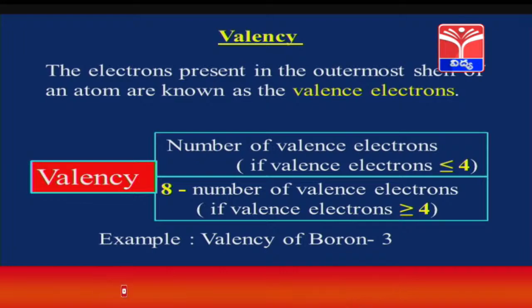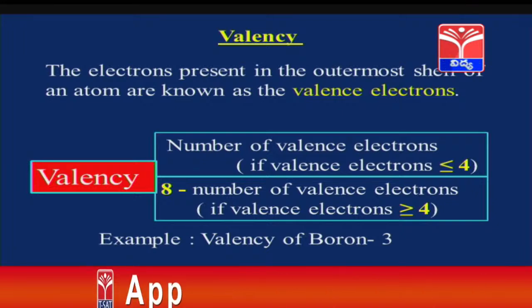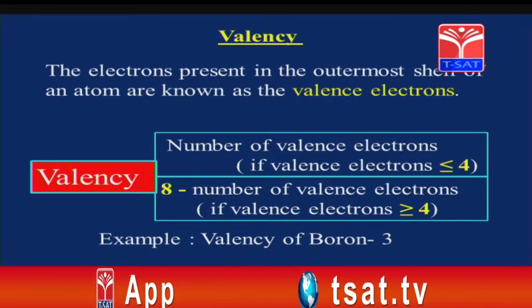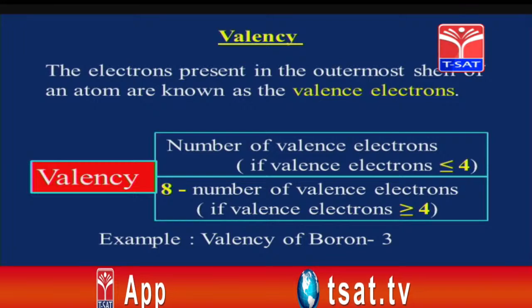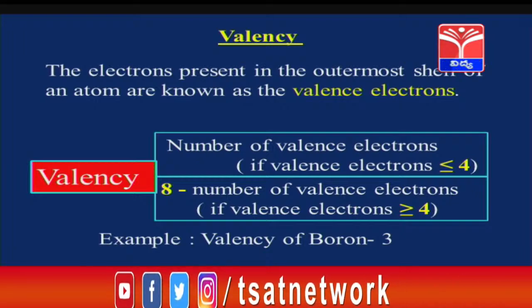Valence electrons are nothing but the number of electrons present in the outermost shell of an atom. For example, the valency of boron is 3. That means the number of valence electrons of boron is 3, and valency can also be determined using the formula 8 minus the number of valence electrons, if valence electrons are greater than 4.